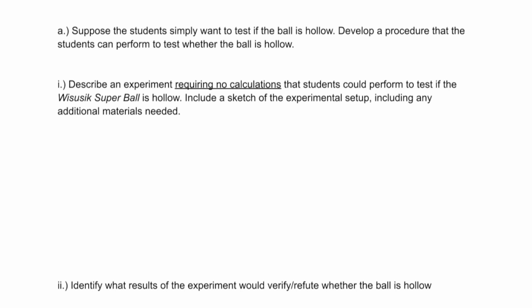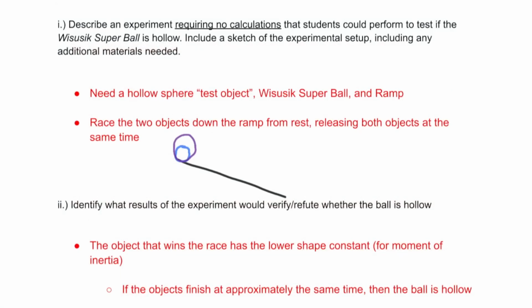So what that means is that if we take a hollow sphere to be our test object, something we know for sure is hollow, we can even construct one if we want, and we take that object, the Wisusic Super Ball, and the ramp, well, if we race those two objects down the ramp, the result of that race will tell us how the mass is distributed inside the Super Ball.